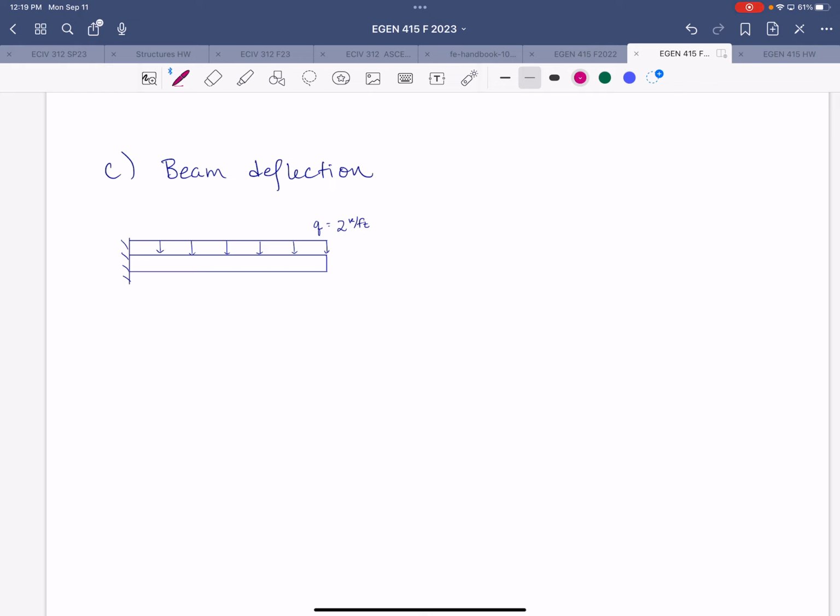So we only need to make one section cut and obtain one moment equation. So if we make a cut through our beam, always measure x starting at 0 at the left end and increasing to the right. And we draw a free body diagram of the right side of that cut.